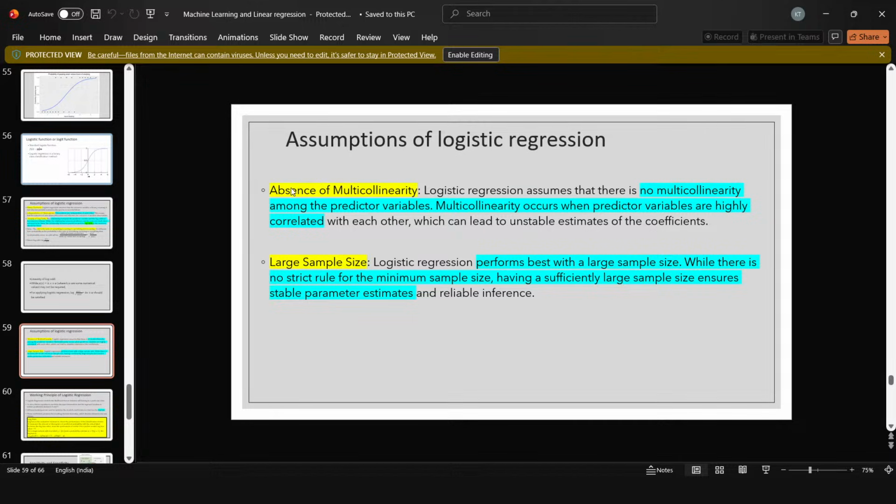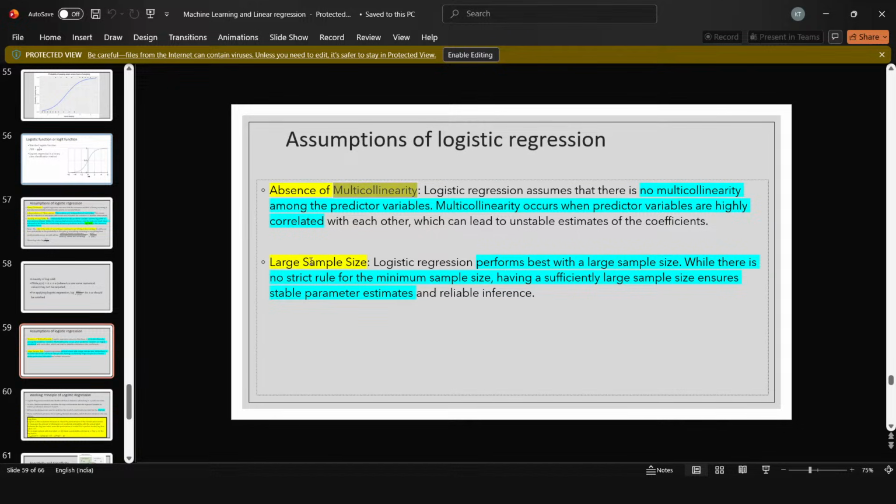And the next assumption is absence of multicollinearity. The predictor variables must not be multicollinear. In linear regression, when there was multicollinearity, we saw that one way to combat that issue was ridge regression, right? The same problem holds here also.